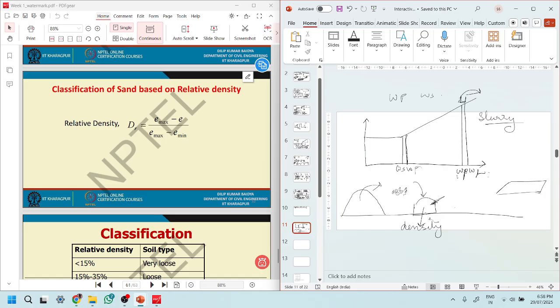What will happen is that after vibration, your particles will attain a denser state. Until now, the particles were something like this, but after shaking, they will fill the voids as much as possible, not all of them. So we will get a dense state.